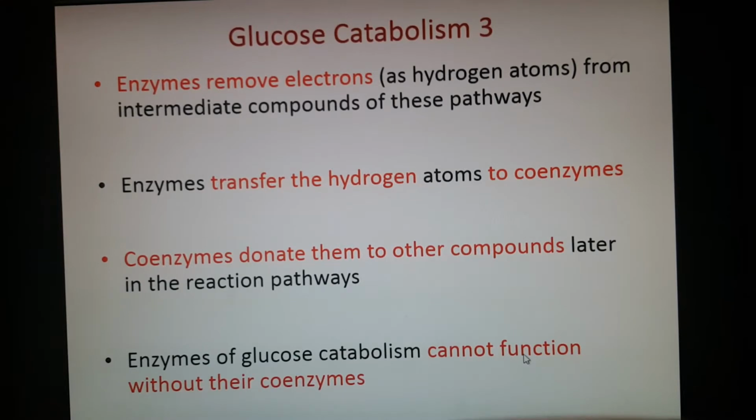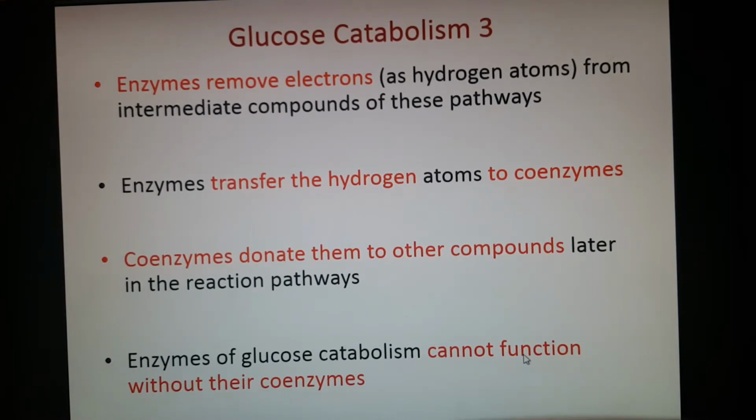During the process of glucose catabolism, different enzymes will remove electrons in the form of hydrogen atoms. The proton from the hydrogen atom is removed, but the electrons are also removed. They then transfer those hydrogen ions to different coenzymes, passing it off to the next player. Those coenzymes then pass those hydrogen atoms off to other compounds, where they help with other pathways.